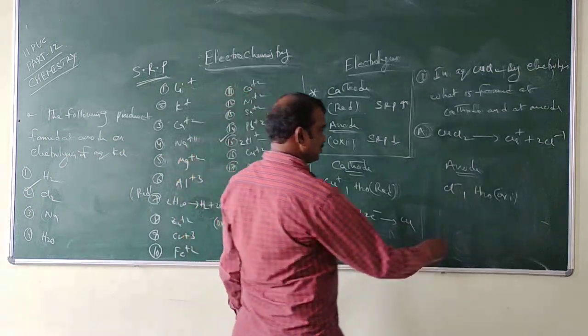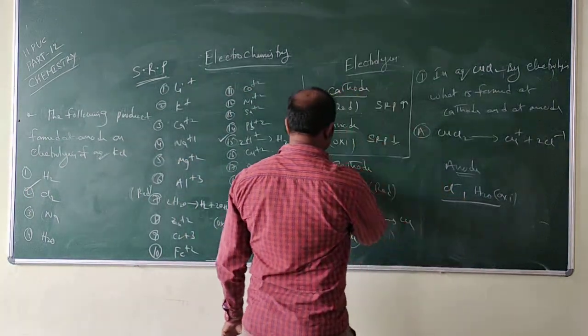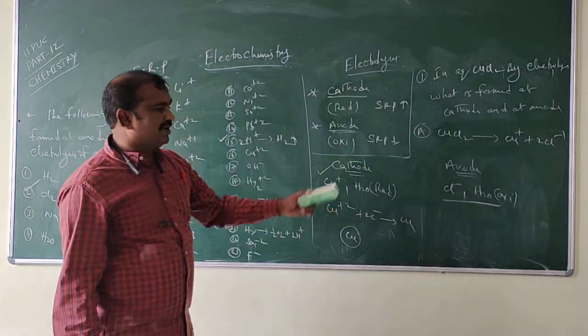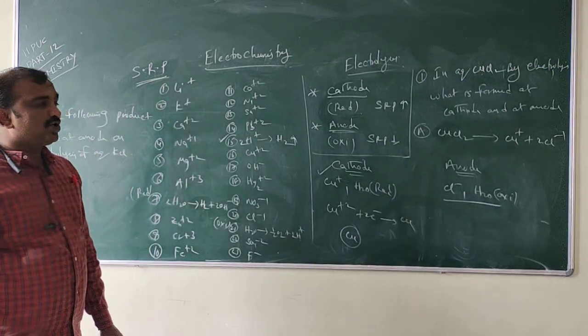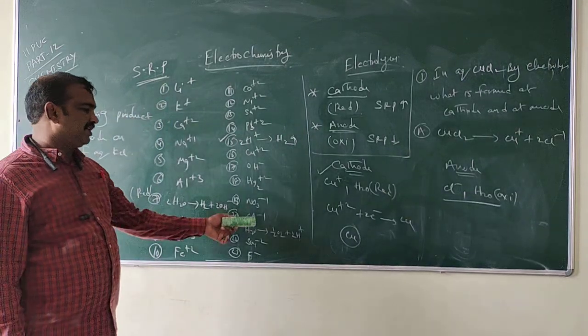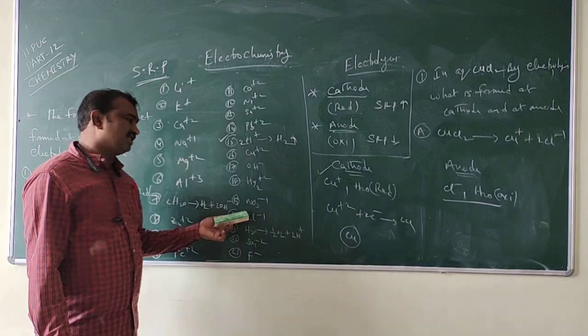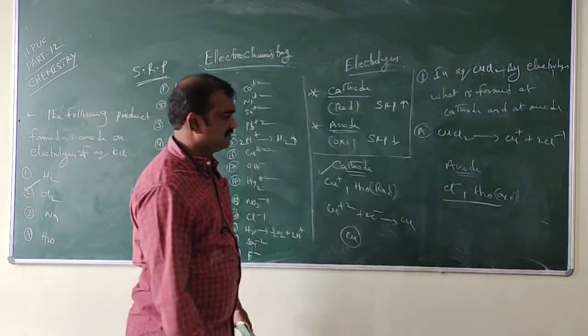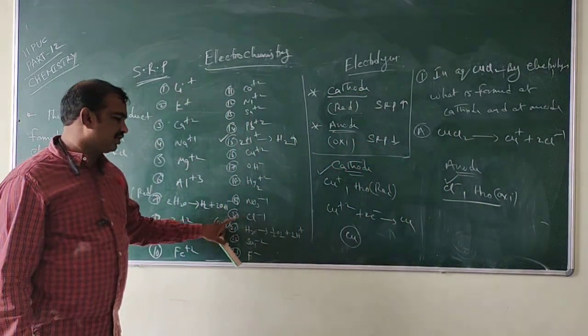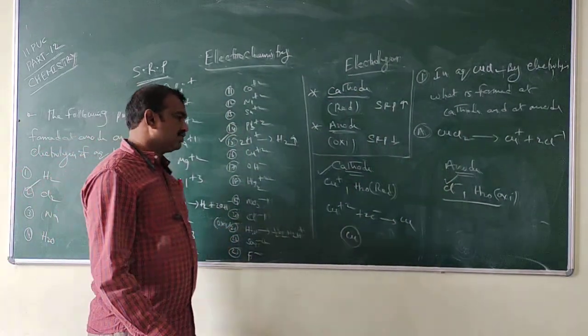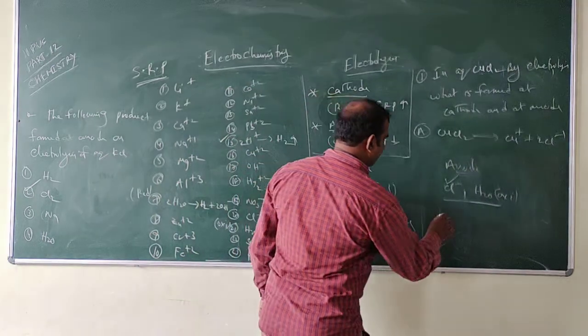Like that, Cl minus and H2O oxidation at the anode, which is having the low SRP value? Cl minus, because Cl minus is 20 and H2O oxidation is 21. So Cl minus will take part.